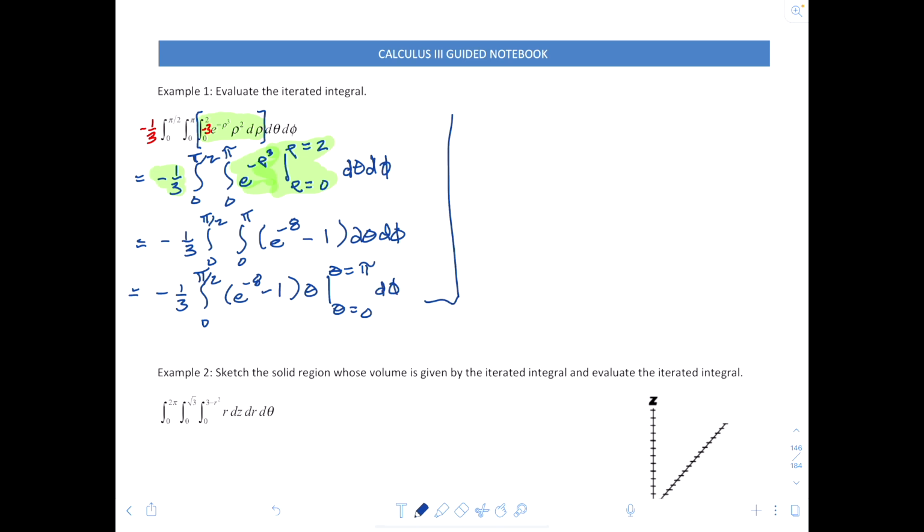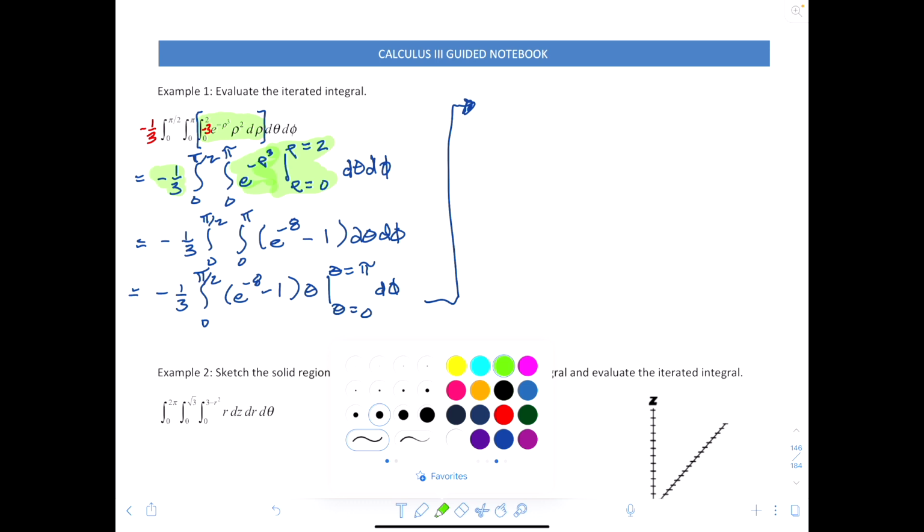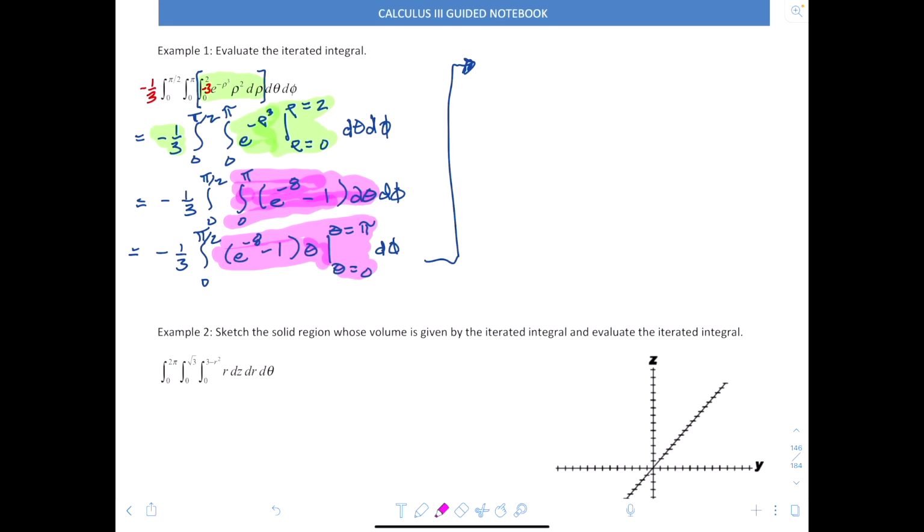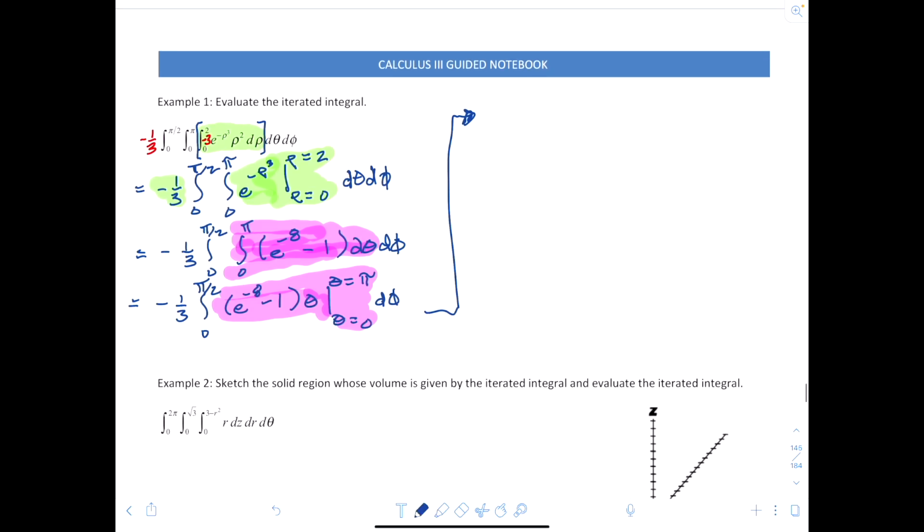All right, so next up, I'll show you again, this particular part is all of this. So the lower bound of 0 is going to zero out, right?